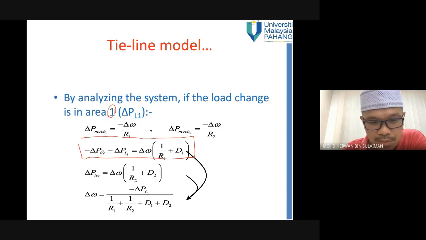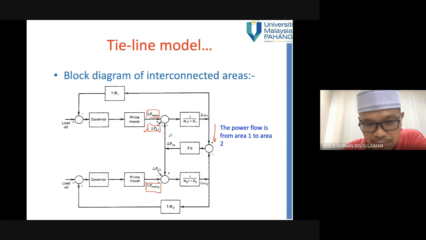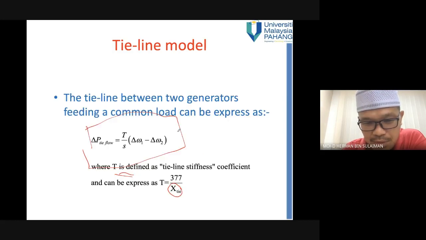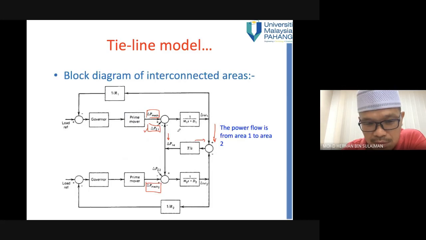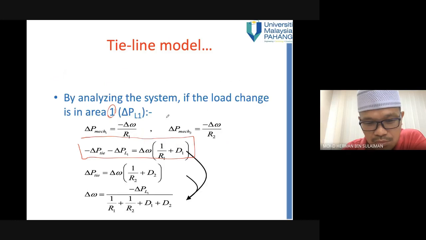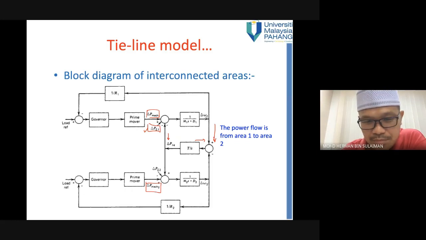Okay, you find here minus delta P tie, because your delta P tie is forwarded to the left hand side. So minus delta P tie minus delta PL1 here is equal to delta omega 1 times (1 over R1 plus D1).